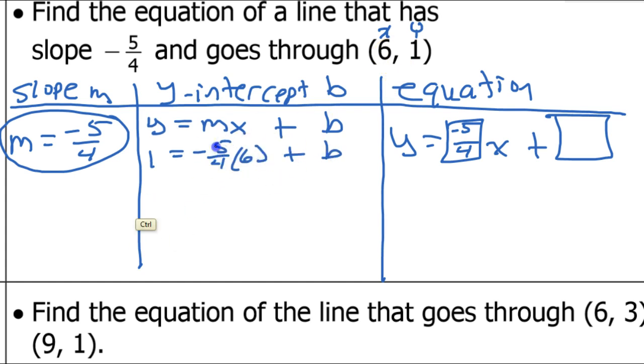This one's going to have fractions in it, but that's okay. Remember, this is like 6 over 1. So that will give me -30 over 4 plus b. To get b by itself, I need to add 30 over 4 to both sides.